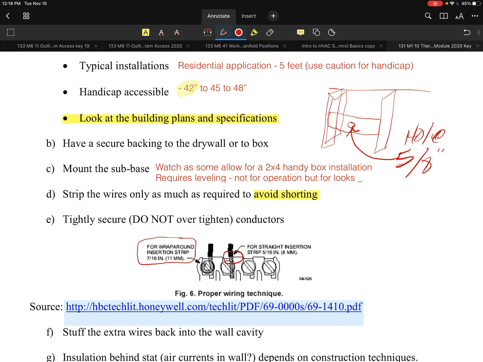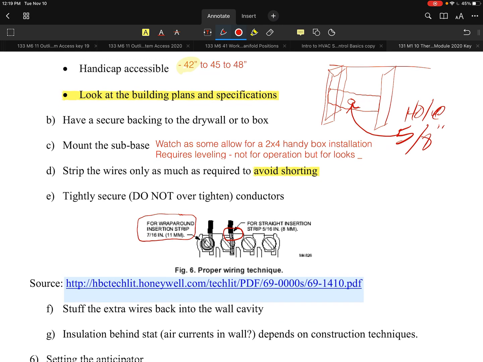A lot of the new ones are actually like a push, like a pin, so you push a terminal and poke the wire in that opening. It's more of a pressure connection as opposed to a screw. So just be aware of that. You do not want more than what's absolutely needed, just to minimize that issue.